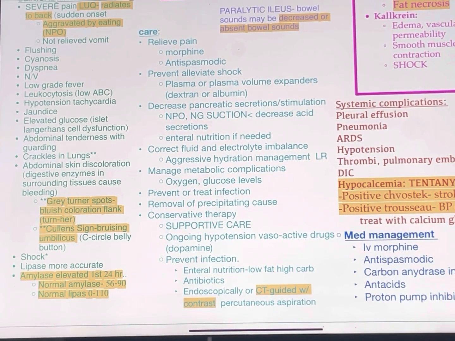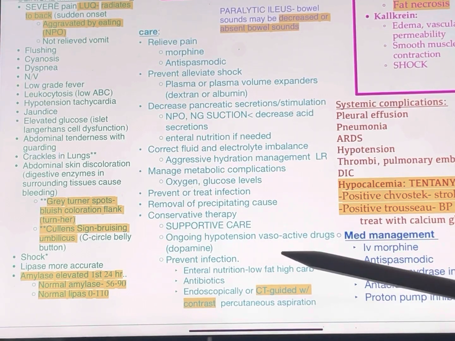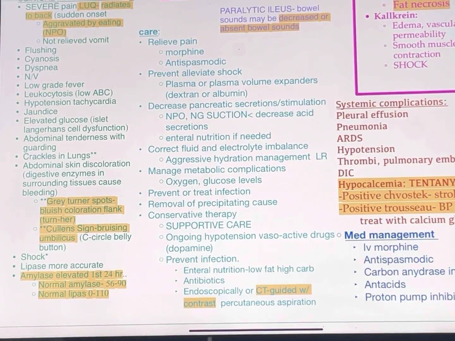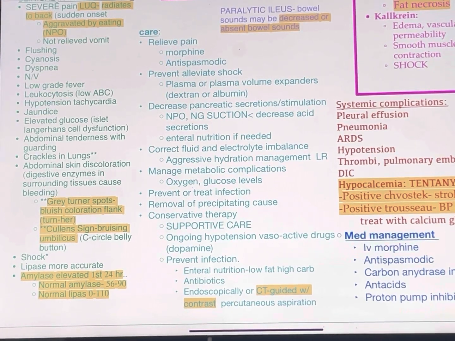And like I said, supportive care. We need to keep an eye on the hypotension by providing vasoactive drugs such as dopamine and prevent infection. So nutrition is going to include low fat, high carb, and we will provide antibiotics if necessary.